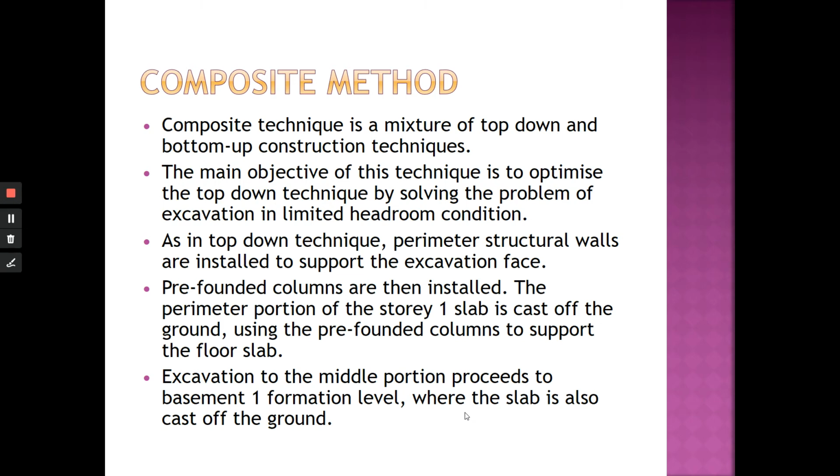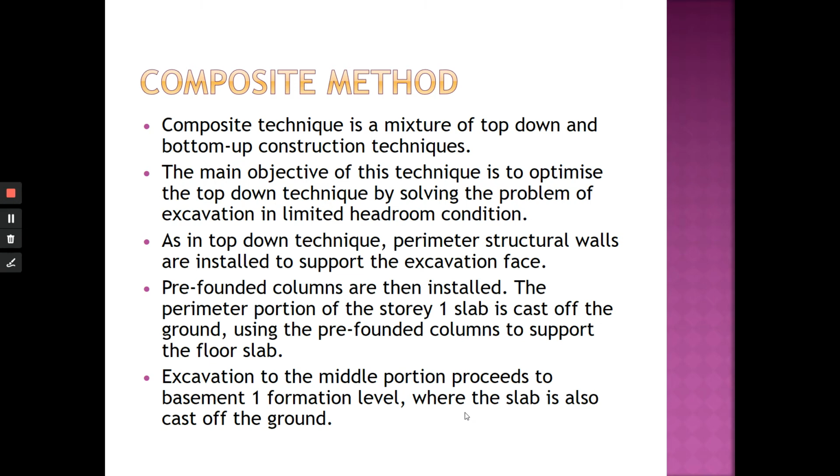As in top-down techniques, perimeter structural walls are installed to support the excavation phase. Okay, so you will have the same thing. You will have the retaining wall. You will have the same thing as well. You will have the pre-founded column. Okay, but the perimeter portion of the story first slab is cast off the ground using the pre-founded columns to support the floor slab.